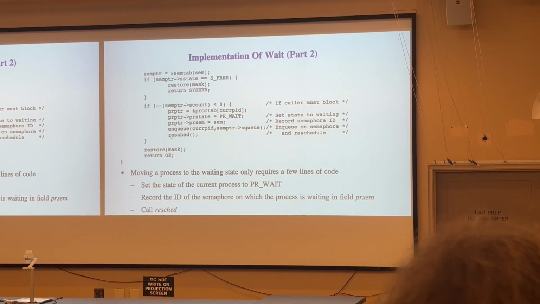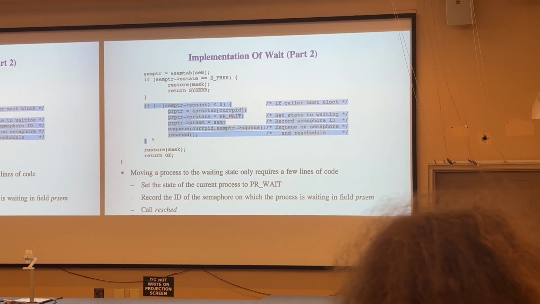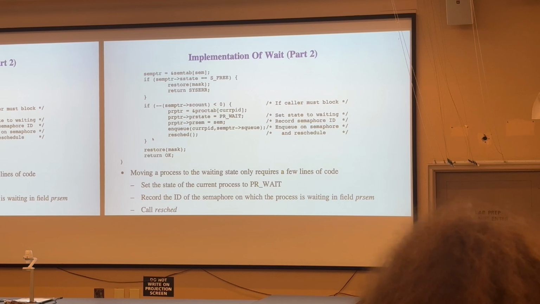And it calls rescan, because the current process is blocked on the semaphore, so you need to rescan for another process to run. And this is the core logic of the wait implementation in Xenu.